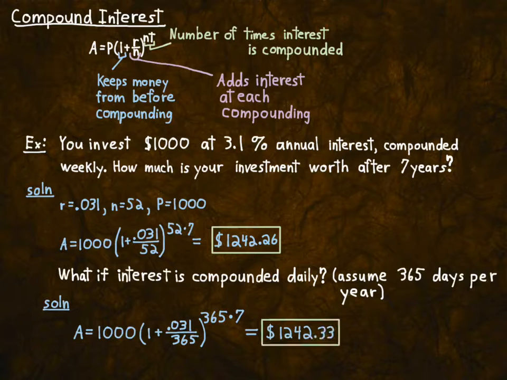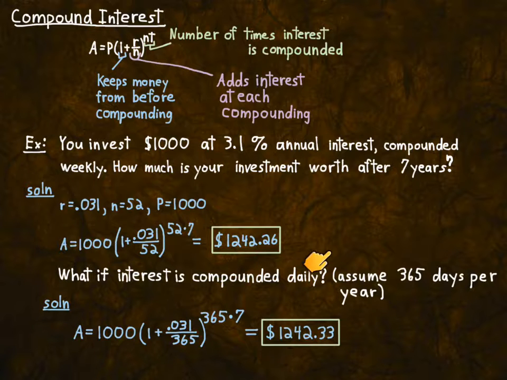So I multiply that out and I get $1,242.33. Now compare with the previous answer. If I compounded weekly, I get this much. If I compound every day, I get a little bit more, but not a lot. 7 cents actually.